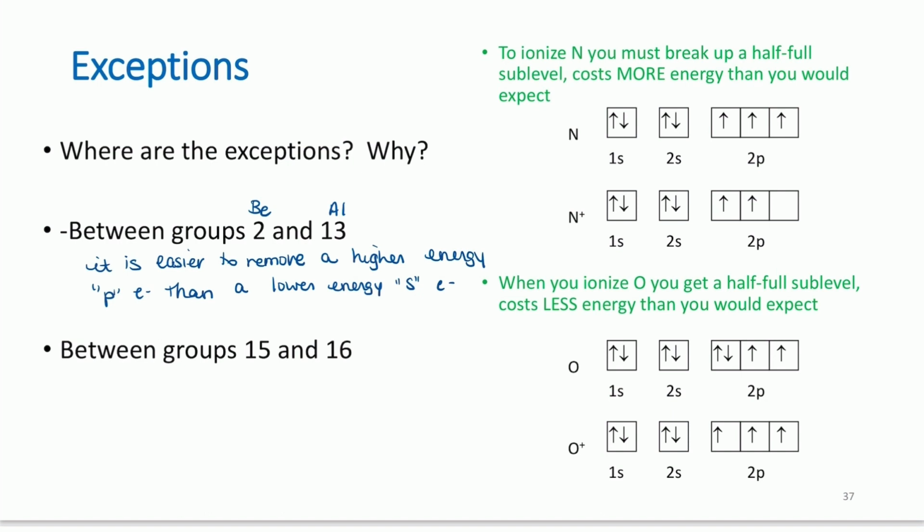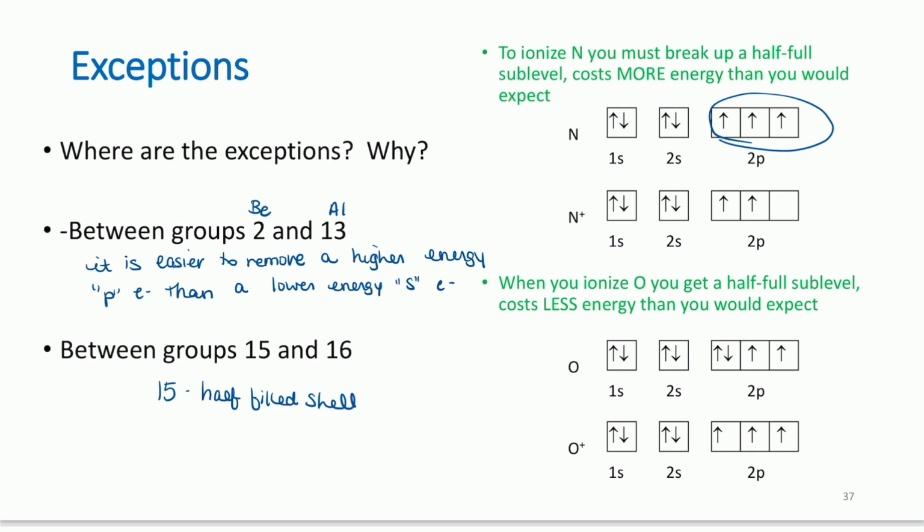We also have a discrepancy between groups 15 and 16, and this is due to 15 having a half-filled shell. So, if we think about nitrogen, nitrogen has a half-filled shell. To ionize nitrogen, you have to break up a half-filled subshell.